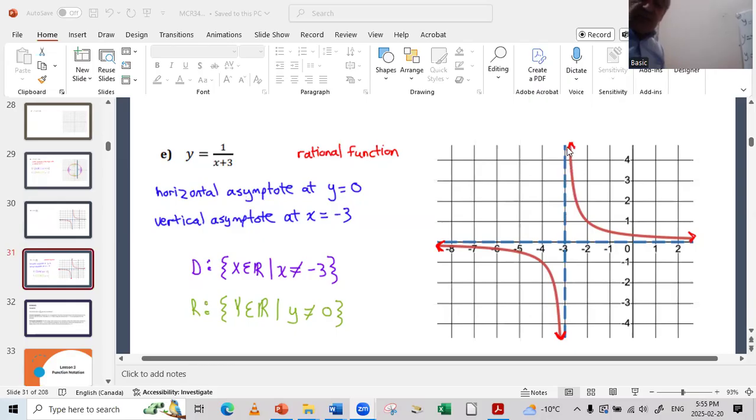They just go close by, but they don't intersect. Horizontal asymptote at y equals 0, and vertical asymptote at x equals minus 3. So we call this the rational function. Like I said, we have a numerator and a denominator. Thank you.